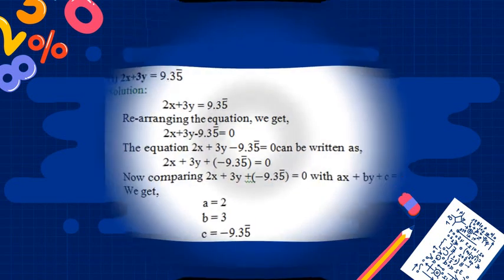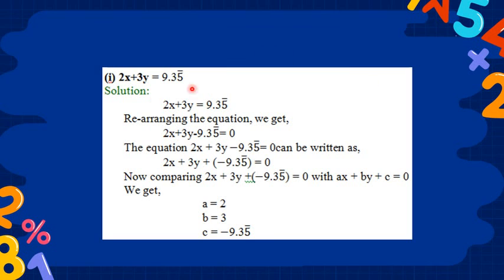The first problem is 2x plus 3y is equal to 9.35 bar. Rearranging the equation, when we transfer 9.35 bar to the left side, we will get minus 9.35 bar.